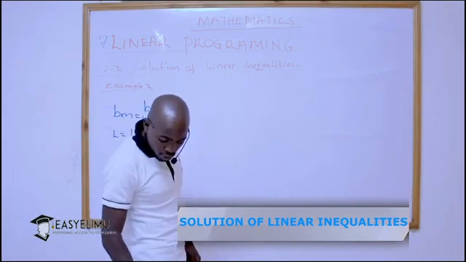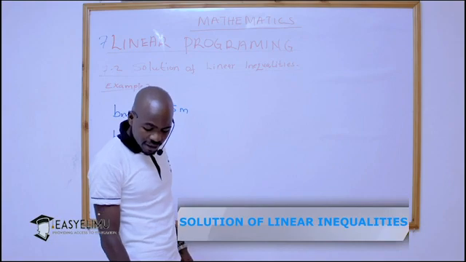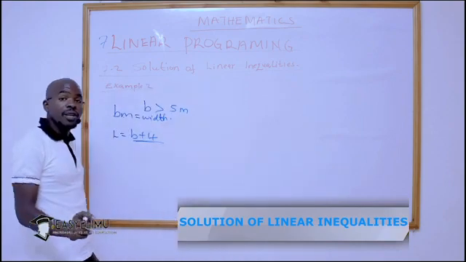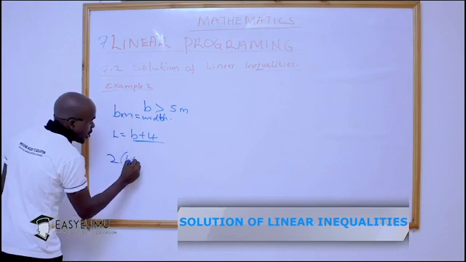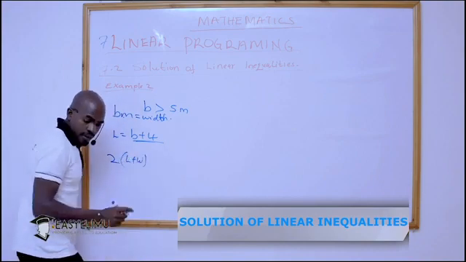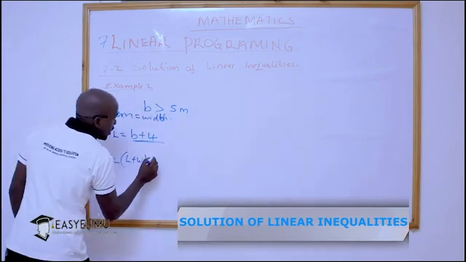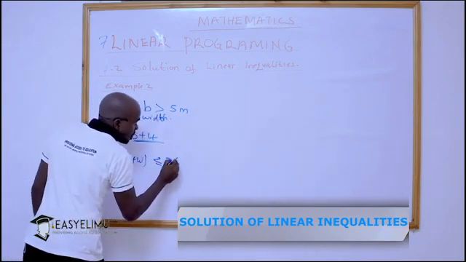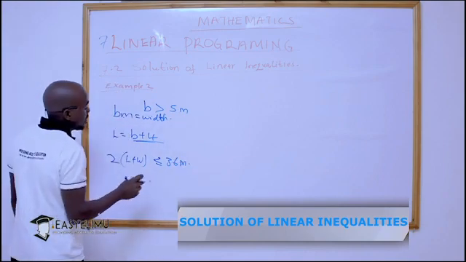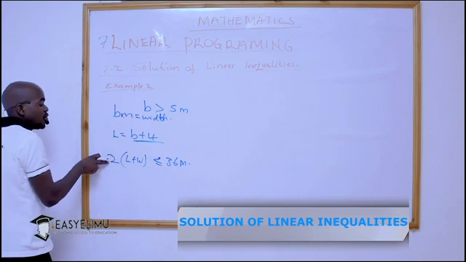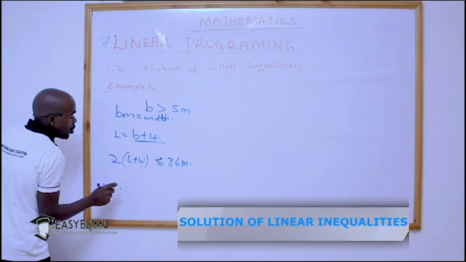And then we have been told that the perimeter of the room is not greater than 36 meters. So we know this is a rectangle, and if it's a rectangle, 2 into length plus width is not greater than 36 meters, meaning 36 meters or less. So we substitute here the length and also the width.